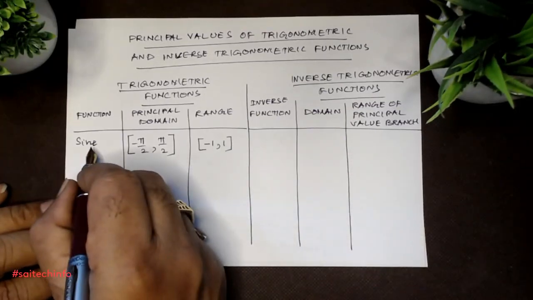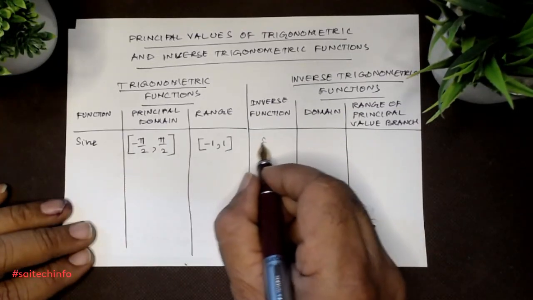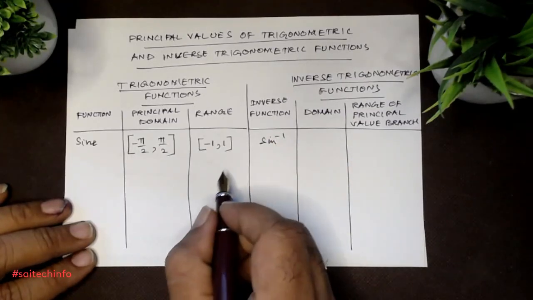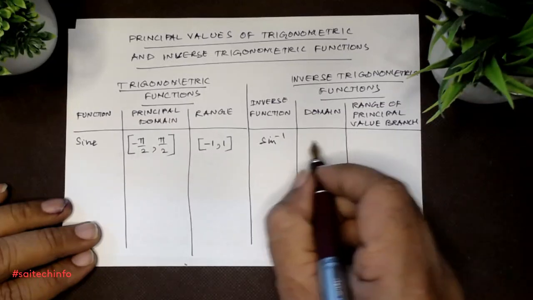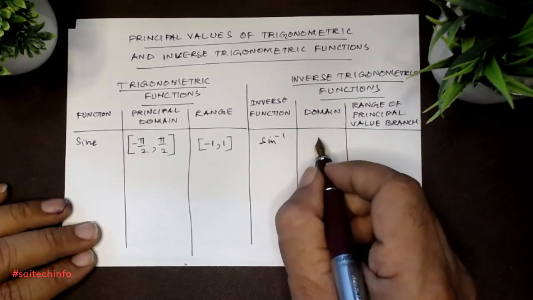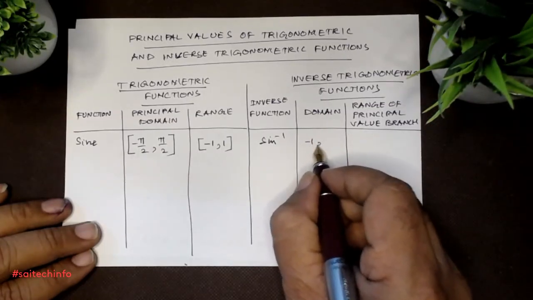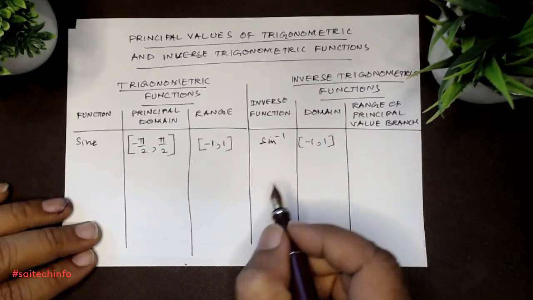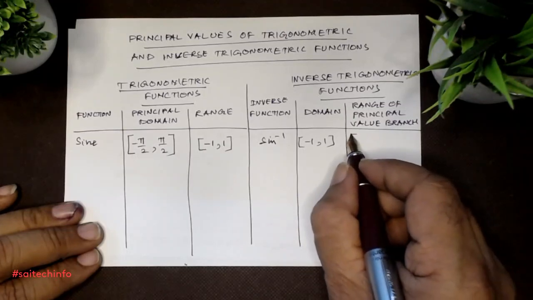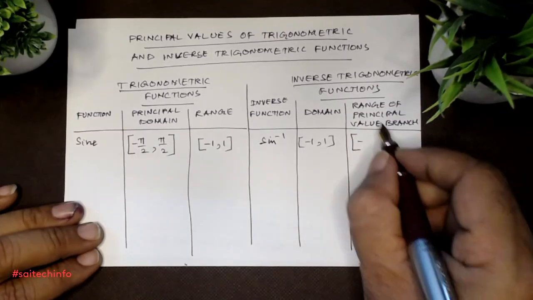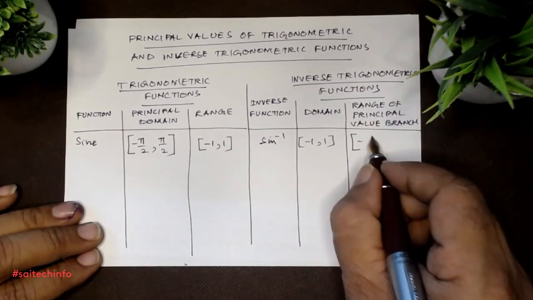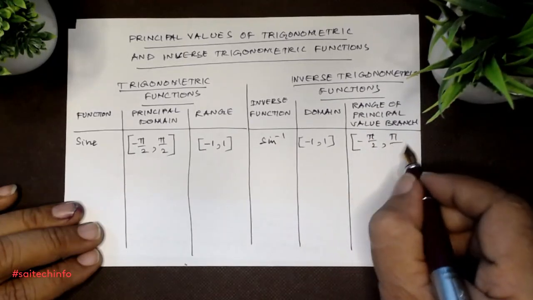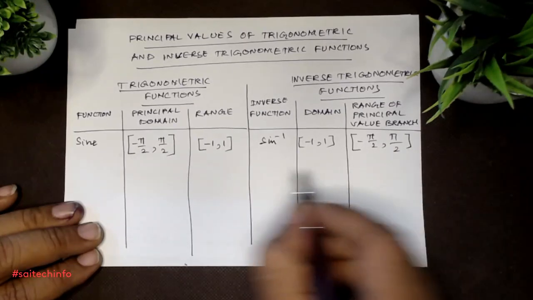Then for the inverse function, sine inverse, the domain becomes minus 1 comma 1 with a closed interval, and the range becomes minus pi by 2 comma pi by 2 within the closed interval.